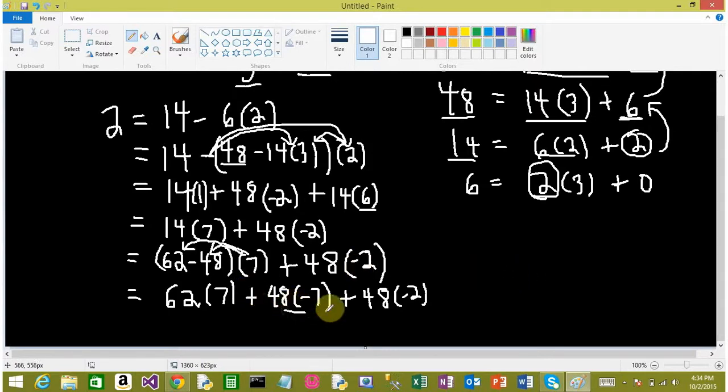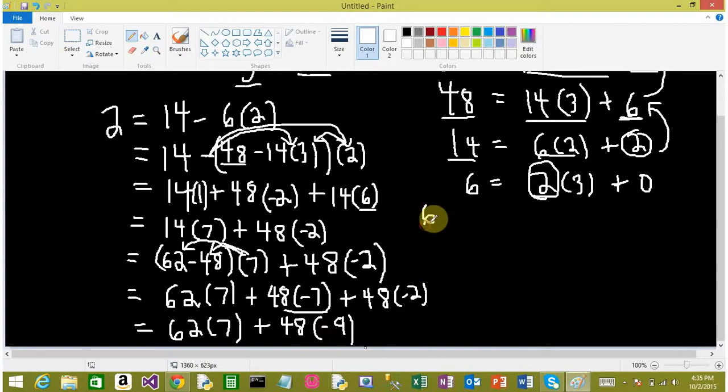And we can combine those together. The negative 7, negative 2, well, that's negative 9. And then we also have 62 times 7. Okay, so there we go. We have 62 times 7 plus 48 times negative 9.